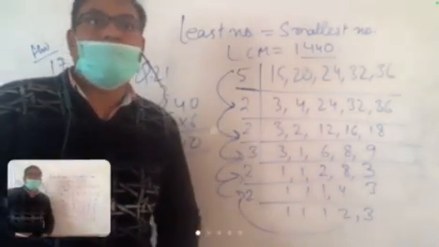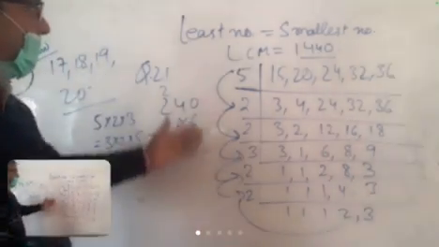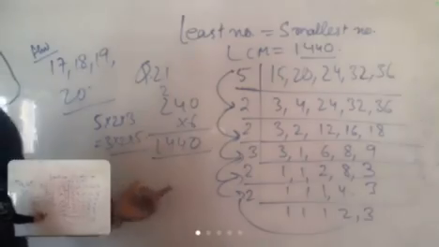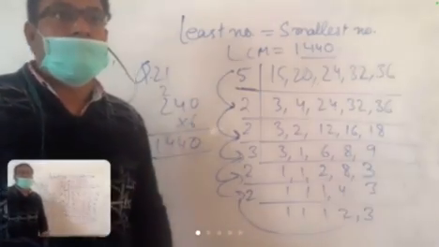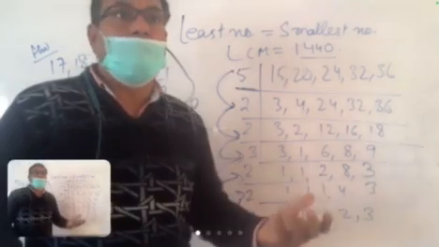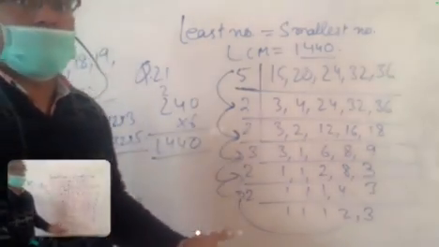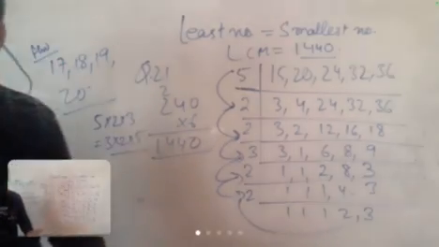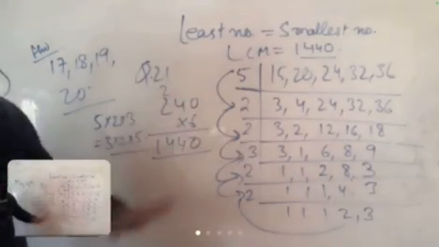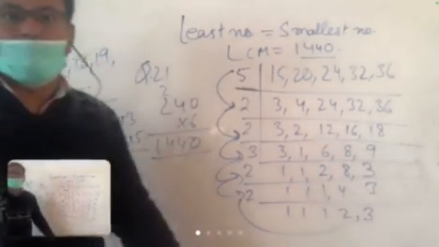See, in addition and multiplication, the order does not matter. हमने पढ़ा ना क्लोजर प्रॉपर्टी, कम्यूटेटिव प्रॉपर्टी, डिस्ट्रीब्यूटिव प्रॉपर्टी, याद है कि नहीं? सो ऑर्डर का कोई फर्क नहीं पड़ता है. यहाँ मैंने 5 से किया, you can do with 2. 5 एक बार आएगा.